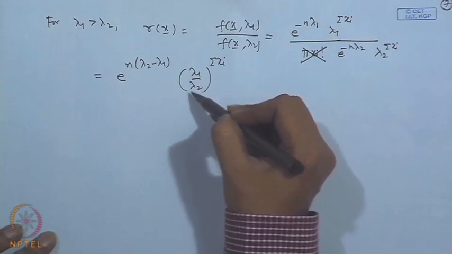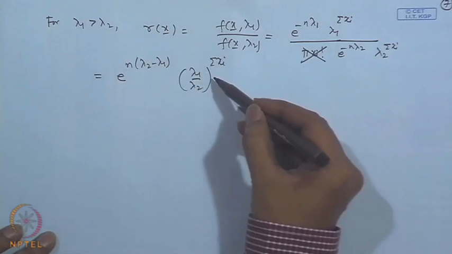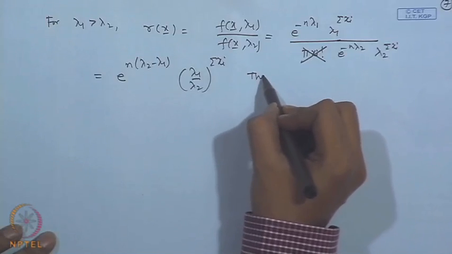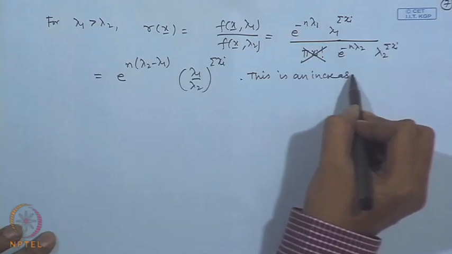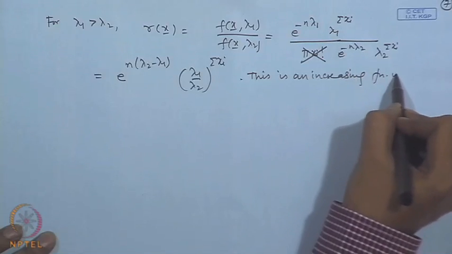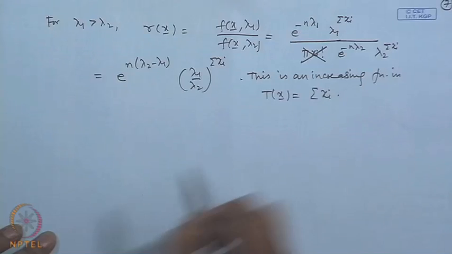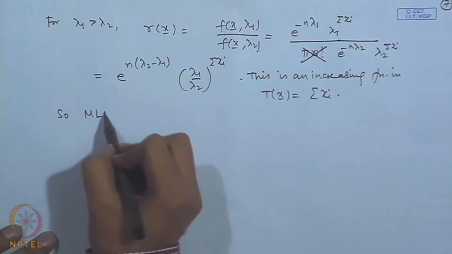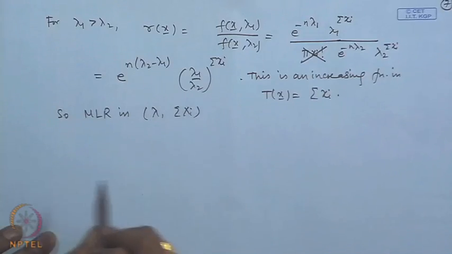This lambda 1 by lambda 2 is greater than 1, because lambda 1 is greater than lambda 2. Therefore, this is an increasing function in T(x) equals sigma x_i. So, we have monotone likelihood ratio in lambda and sigma x_i.